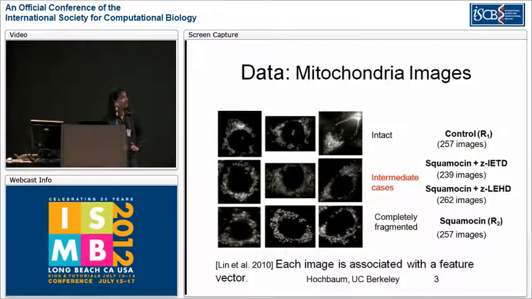The other cases were also treated with squamotrin, and in this case, we also applied two different drugs for the purpose of this study. One is ZIETD, and the other one is ZLEHD. And these are cases that are not obvious which way they go, whether they are considered fragmented or intact. So we would like to evaluate for each cell that was treated with a particular drug, how close it is to being intact.